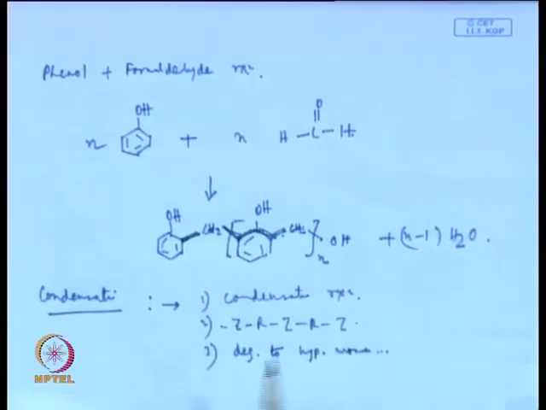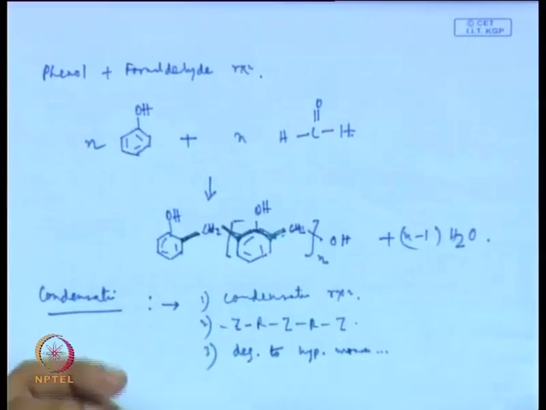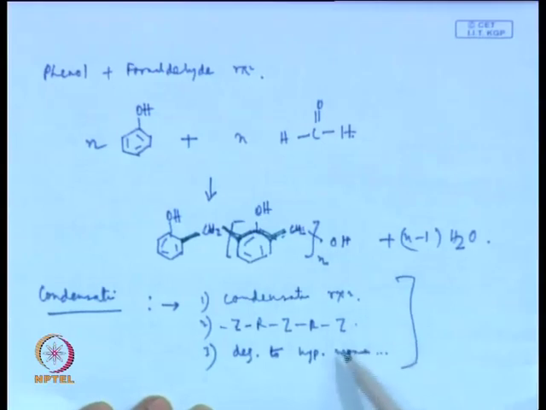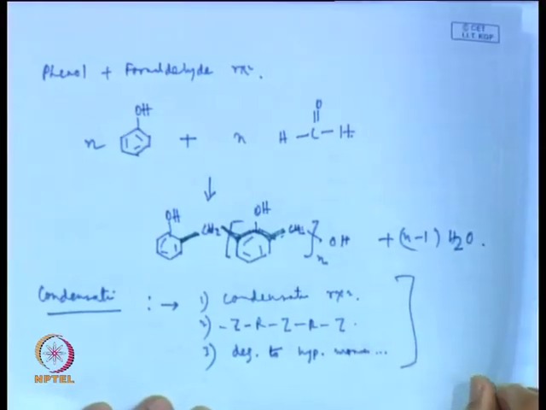It is synthesized by condensation reaction, or it has a functional group in the backbone, or you can imagine that it has been synthesized from monomers by elimination of small molecules. And any polymer which does not fulfill any of these criteria, we classify as an addition polymer.